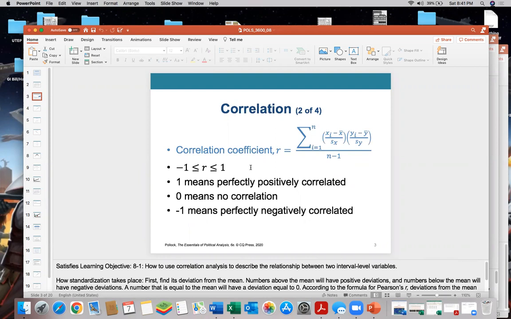So here you can see 1 means perfectly positively correlated. That means for every increase in X, you're going to have a positive increase in Y. While a negative number would be, with a positive increase in X, you're going to have a negative change in Y, or with a negative increase in X, you're going to have a positive change in Y. And then 0 means it's like a spurious relationship.